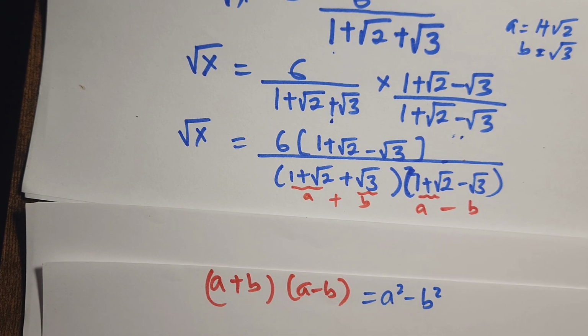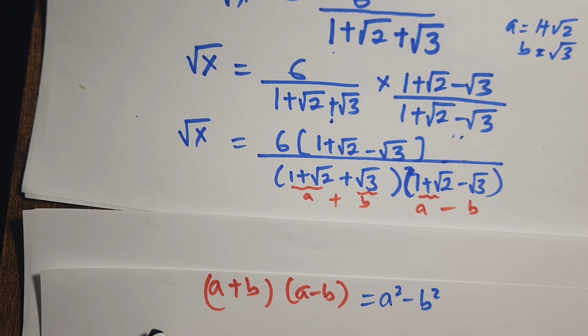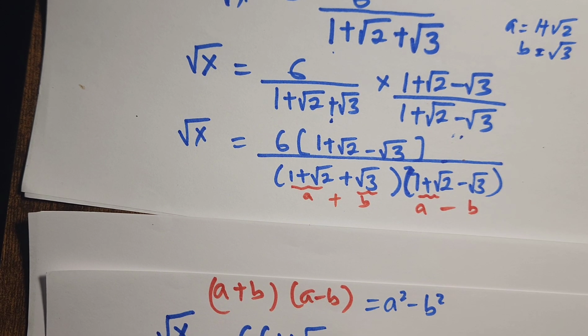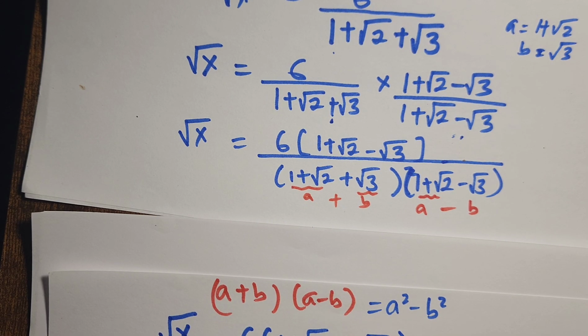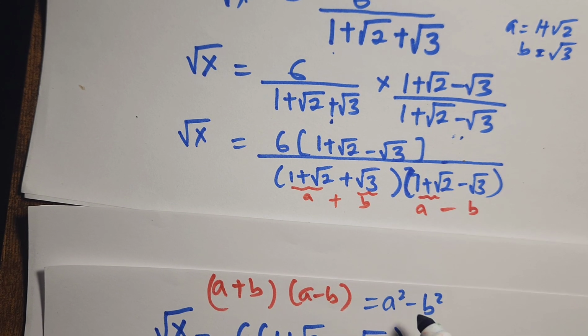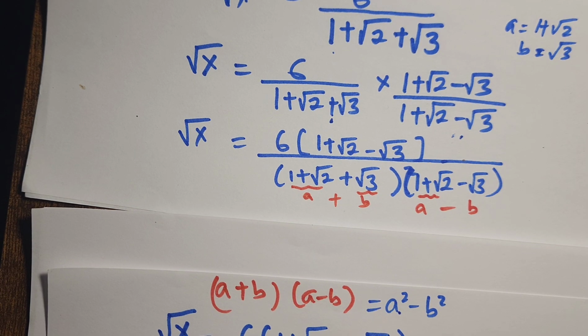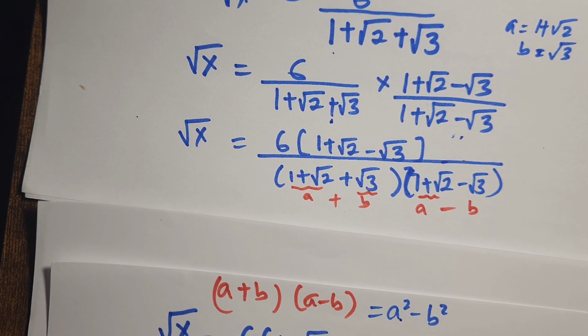This is the general rule for difference of two squares. So here, my square root of x is going to be 6 in parentheses, 1 plus the square root of 2 minus the square root of 3. So this is my a, which is a squared. So my a squared is going to be 1 plus the square root of 2, minus b squared, which is the square root of 3 squared.